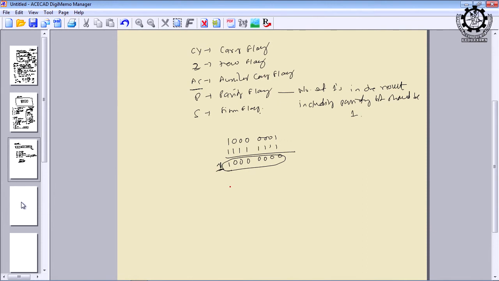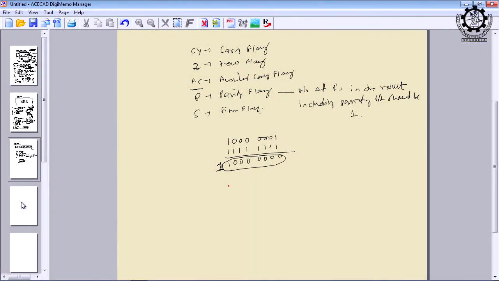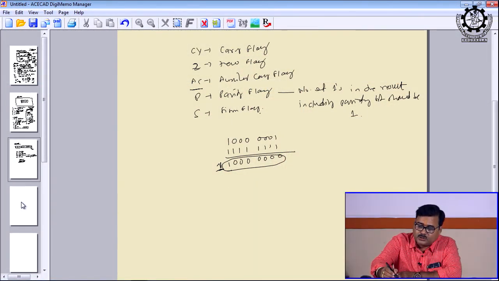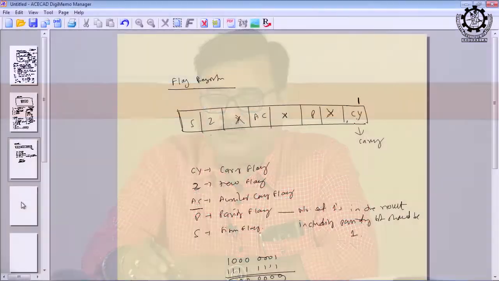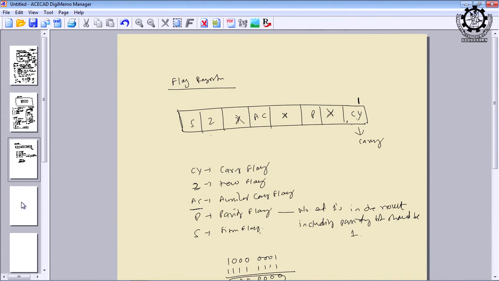Is it clear? When the result of the operation exceeds 8 bits, we get a carry, and the carry flag will be set. This particular position will be set to 1, right. So, if you test this cell, you can know whether the carry flag is set or reset. We also have an instruction to identify whether this particular cell has 1 or 0. Is it okay?